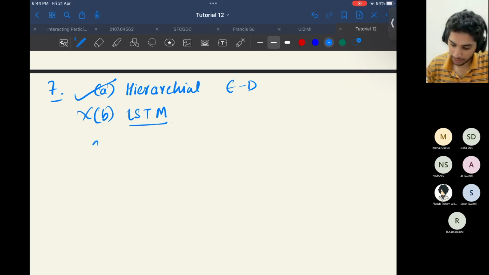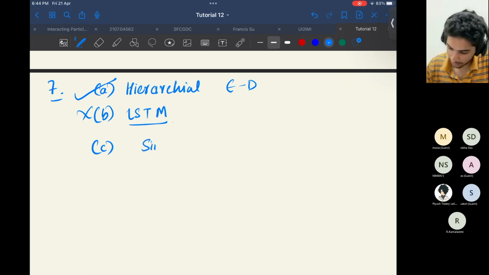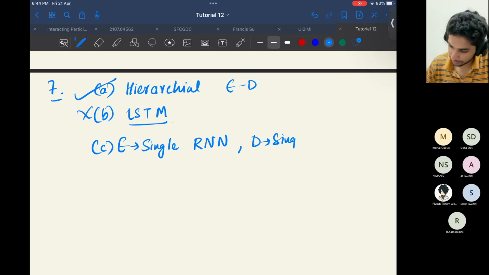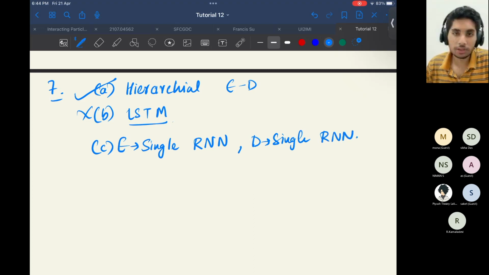What is option C? Option C is an encoder decoder model with a single RNN encoder and a single RNN decoder. So the encoder is a single RNN and the decoder is a single RNN. So this will also not work.